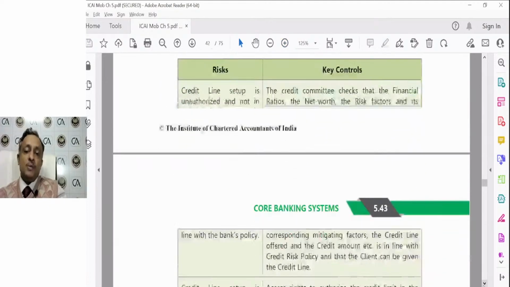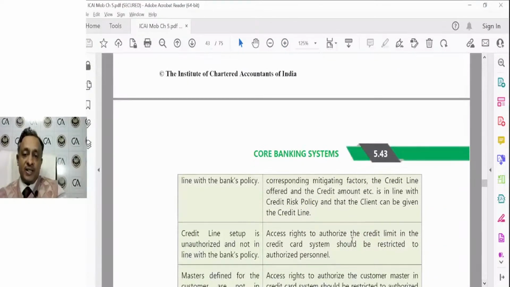Here the control becomes important and critical to exercise. The credit line offered and the credit amount should be in line with the credit risk policy, and the client can be given a credit line. So this is critical. It has to be as per the banker's policy.